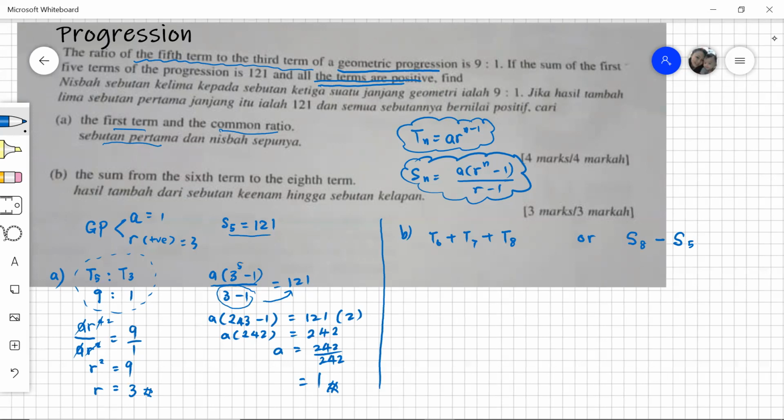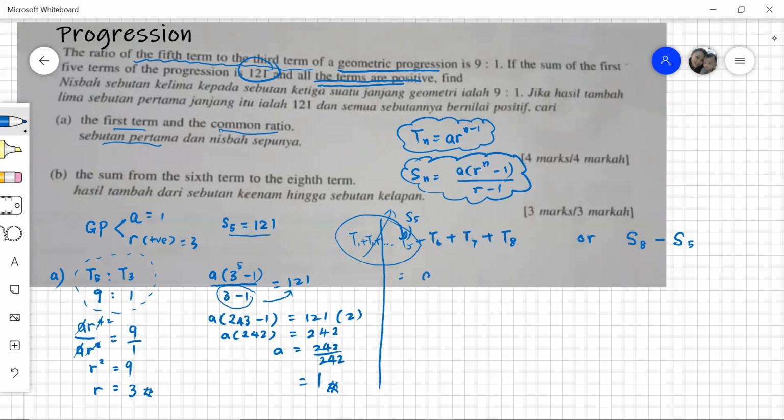Because we don't want T1, T2 all the way until T5. We don't want this part, so we have to cancel this away. This is S5, and it is given in the question itself as 121. So you can choose either to add T6, T7, T8 one by one, or use the sum of the first n terms to find the answer. Let me prove to you that both are acceptable. You get the same answer.